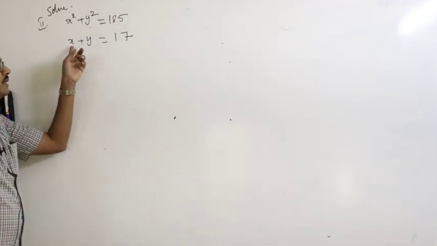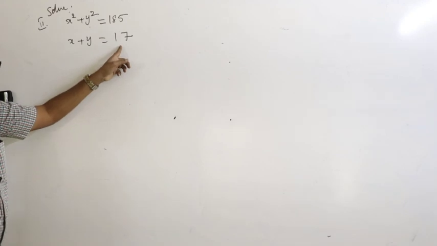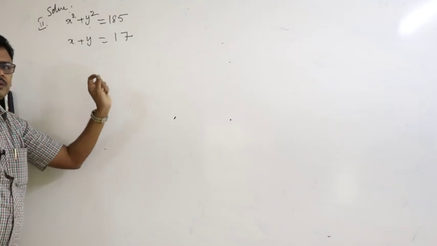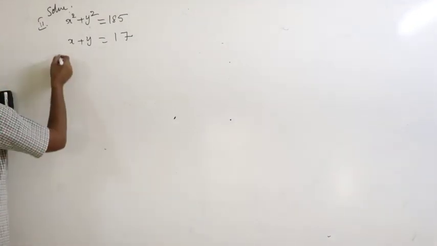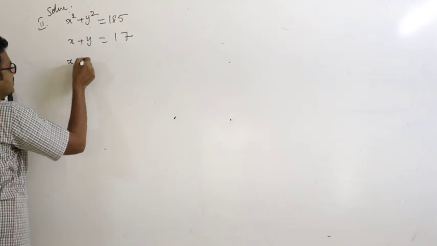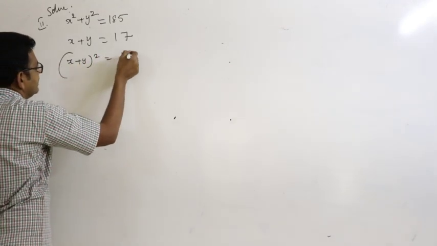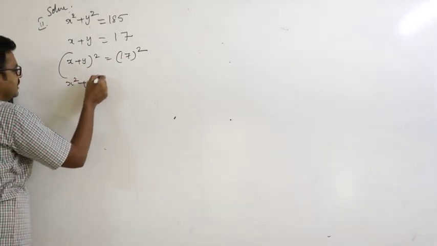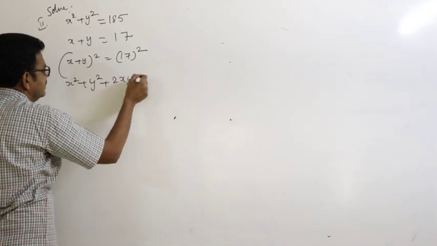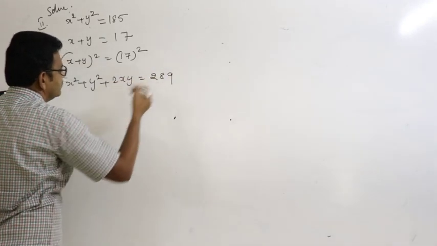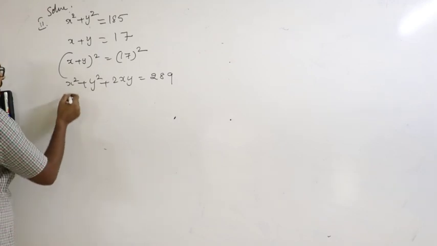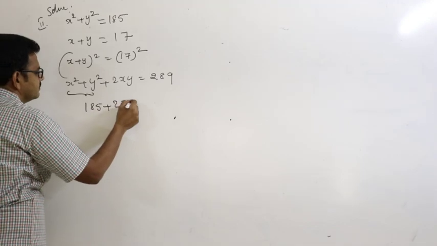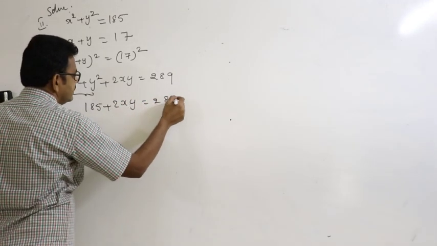So there is an equation x plus y is equal to 17. If we have another equation, it is simple to solve. Now x plus y whole square is equal to 17 square. That is x square plus y square plus 2xy is equal to 17 square, which is 289. x square plus y square is 185, plus 2xy is equal to 289.